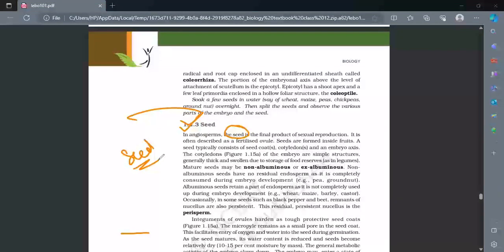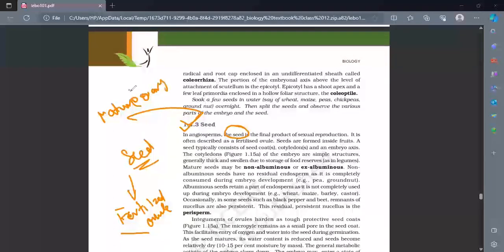What is a seed? One more explanation can come over here. Seed is a fertilized ovule, okay? And what is a fruit? Fruit is a mature ovary, right? So again, I'm talking about the fate of the ovary and the fate of the ovule.